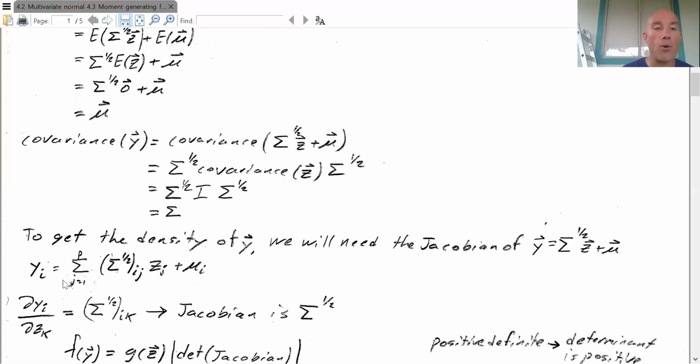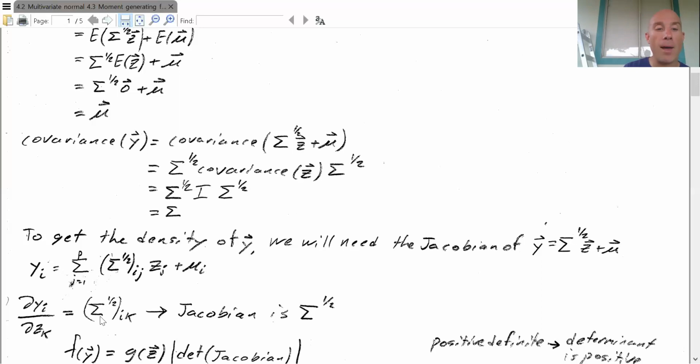If I want to take the partial derivative of Y sub i with respect to Z sub k, the mu disappears because it's a constant. The only time I have a non-zero term in here is when Z sub k is in the formula. When I take the derivative with respect to Z sub k, all the derivatives for the other Z's are 0 except for that one Z sub k, and then I get 1.